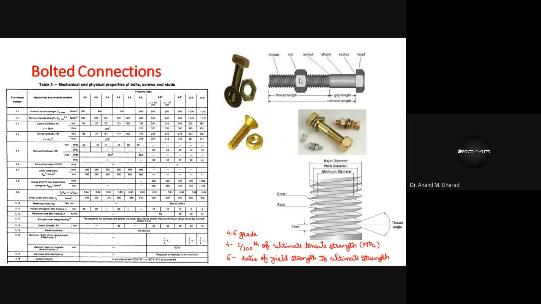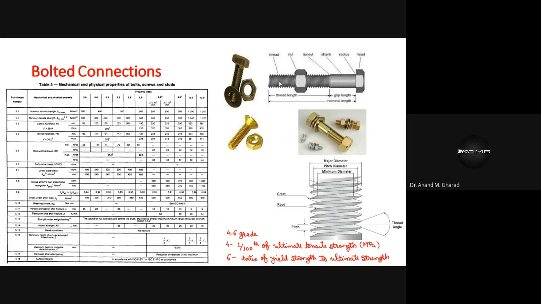Okay. This is known as the nut. This is the nut part. This ribbed portion is known as thread, and the length of the thread is known as the thread length. And from here, up to the end of the bolt, to this point, is known as the nominal length of the bolt.